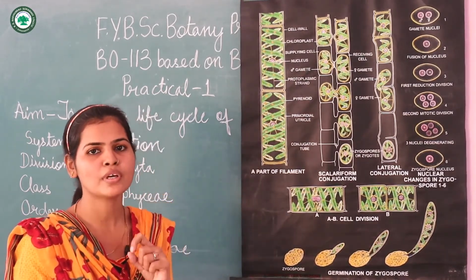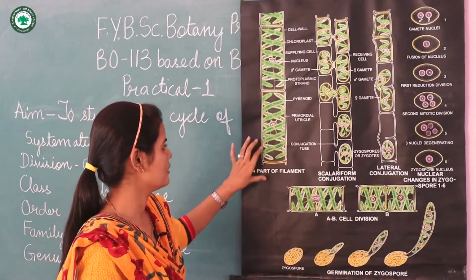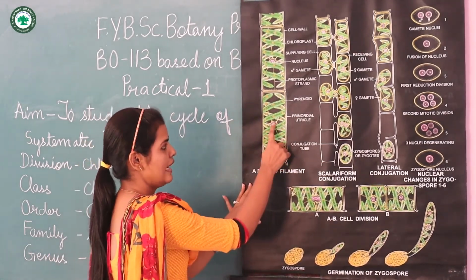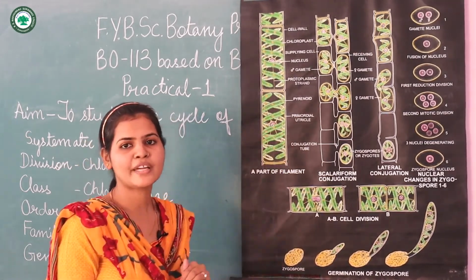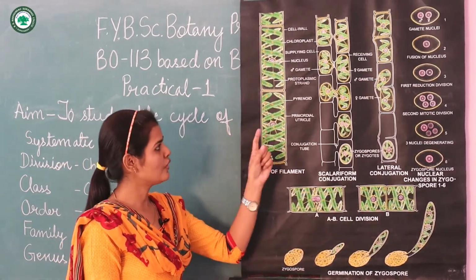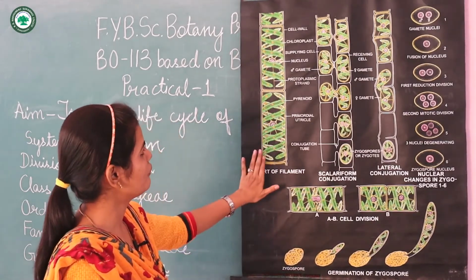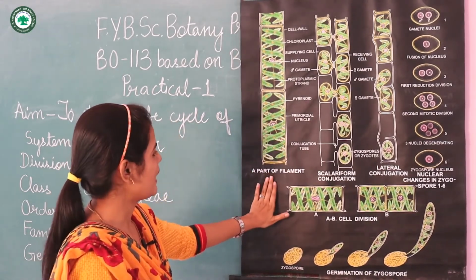Each cell has a nucleus present in the center, held by a cytoplasmic strand. So the cytoplasmic strand in each cell holds the nucleus. This is about the filament of Spirogyra.